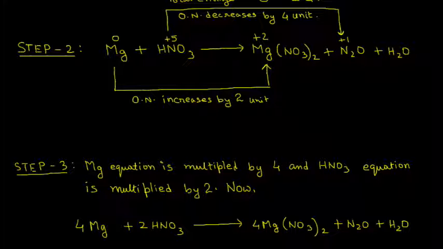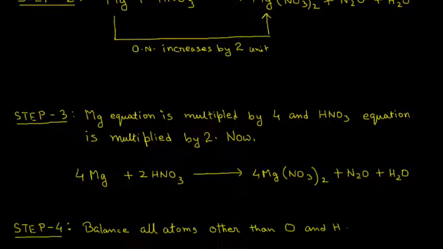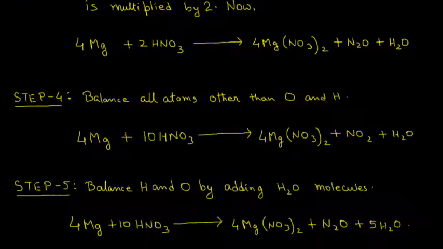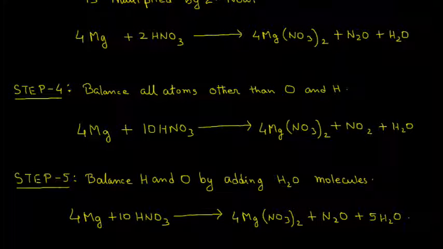In step 4 we balance all the elements other than hydrogen and oxygen, and in step 5 we balance hydrogen and oxygen by adding water molecules. These are the 5 steps for balancing equations by the oxidation number method.